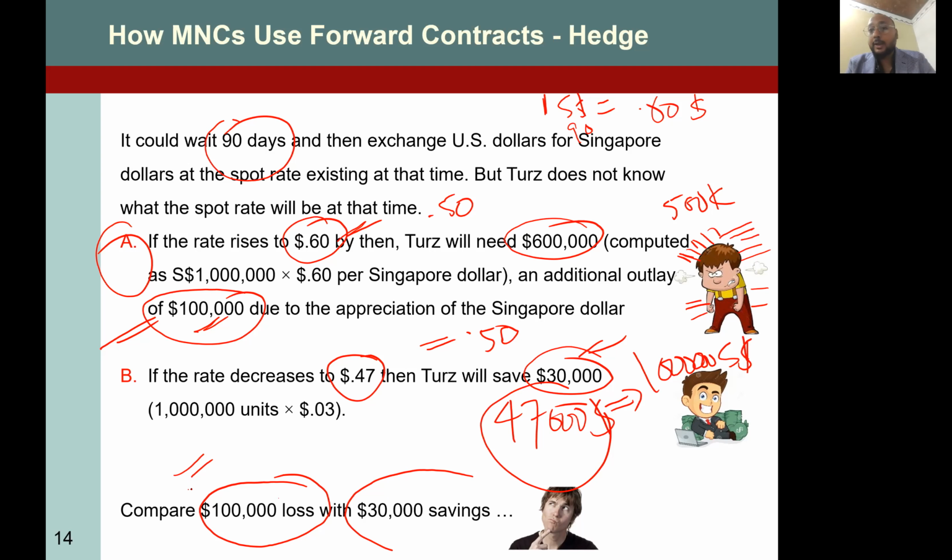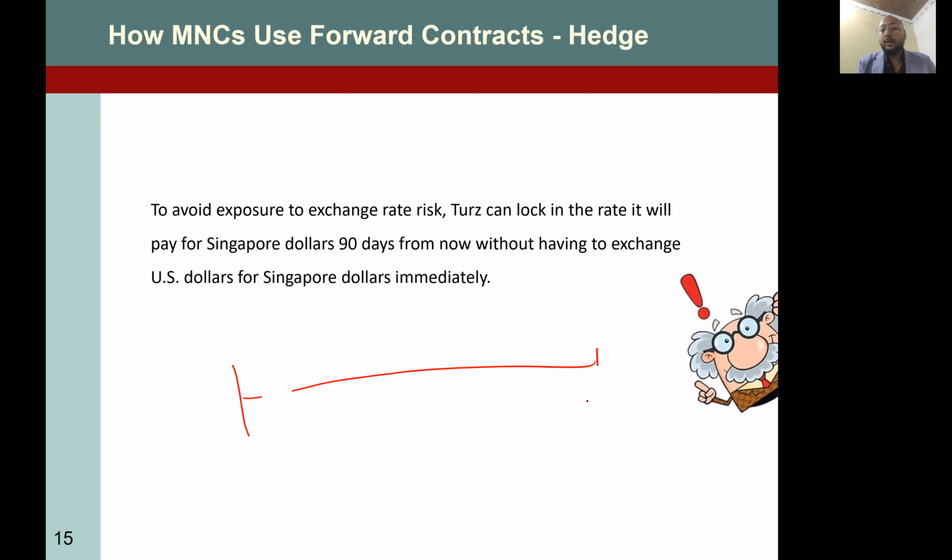So it's better to go into this contract and say, look, after 90 days, I would be paying you 1 Singaporean dollar is equal to $0.5. So that would be my forward rate.